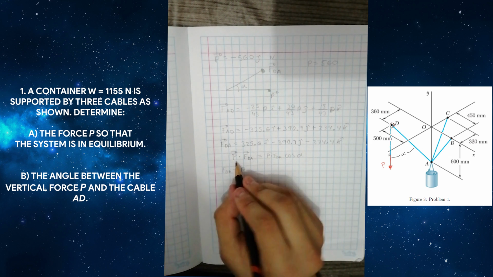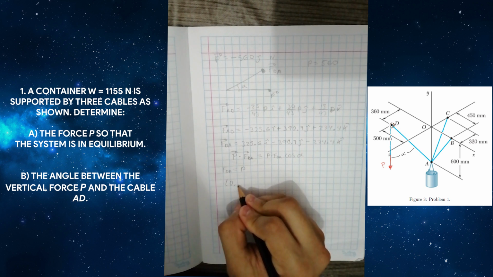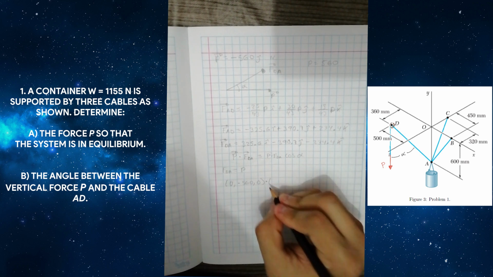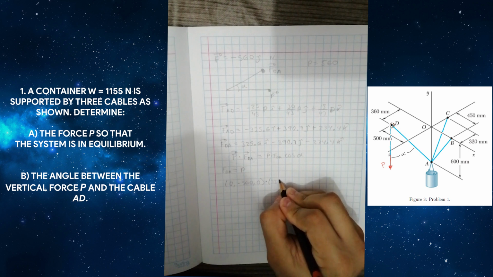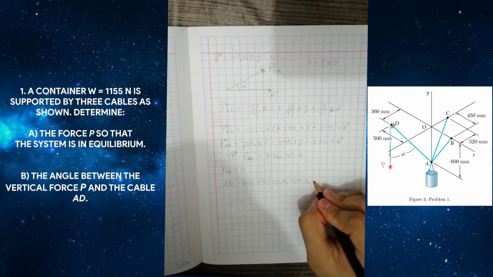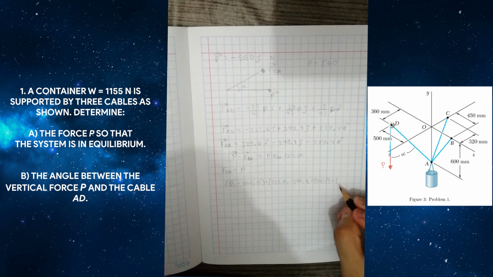For that, we only need to do the dot product, and this is the vector P, that is 0, minus 560, 0, dot product in this vector is 325.6 minus 390.7 minus 234.4, that is equal to 560, 560 again, and cosine of alpha.